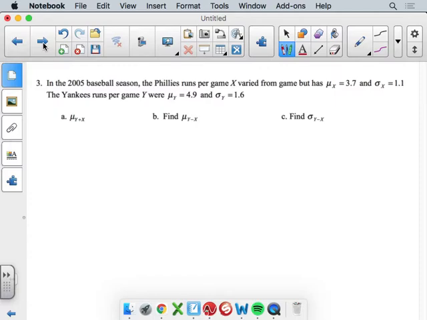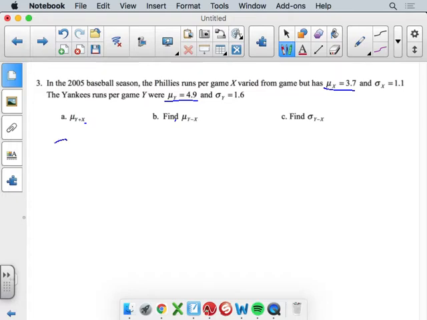Okay, so what is the mean of those added together? What's the mean of those subtracted? What's the standard deviation? So what is the average number of runs for the Phillies and the Yankees combined? Averages are normally pretty simple. You just take what your average was and you add them together.